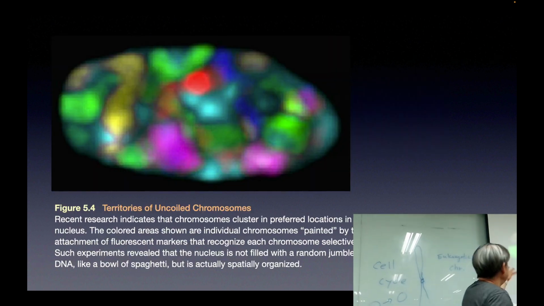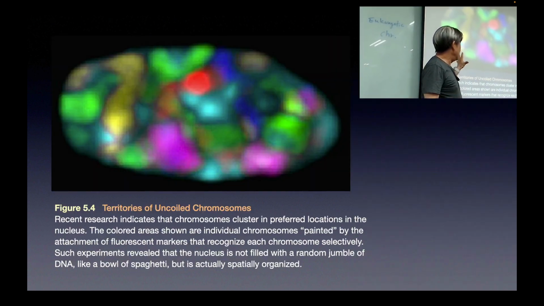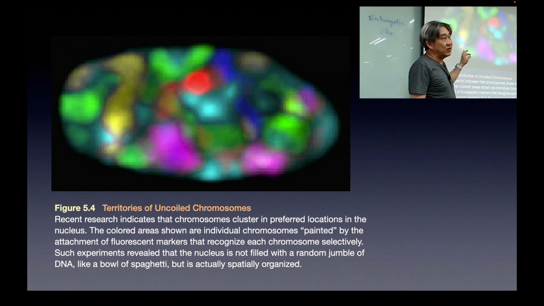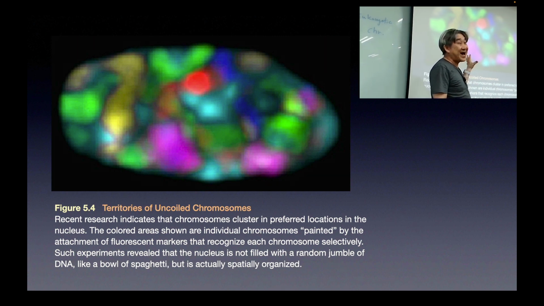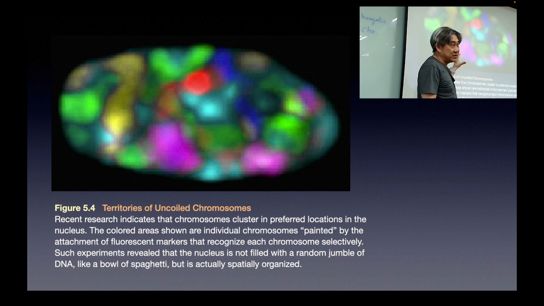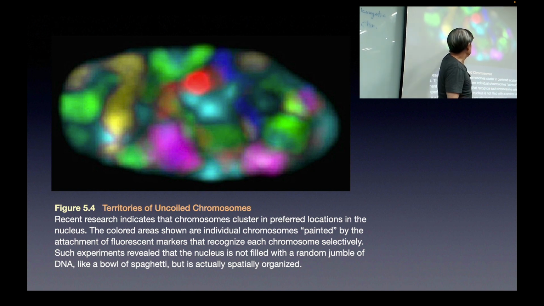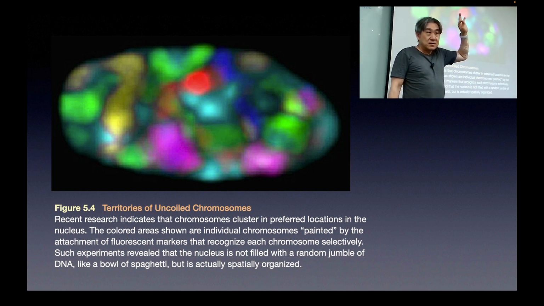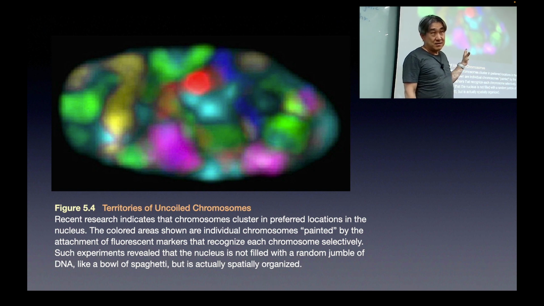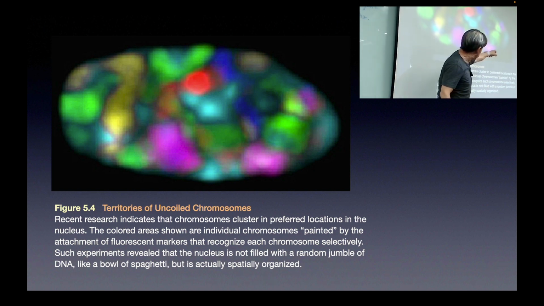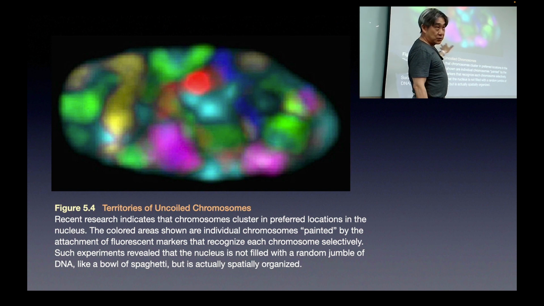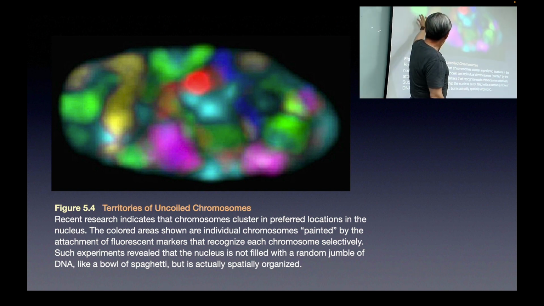So some scientists developed different colors of dyes. Each different color dye can stain a different type of chromatin. By doing so, this is a human nucleus. And what are these different colors?